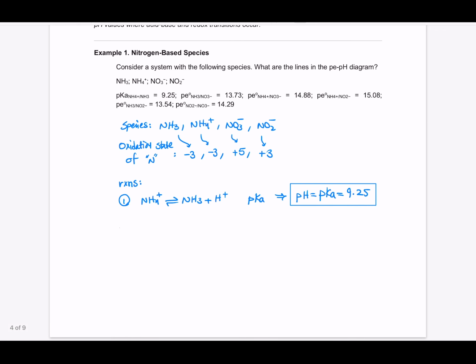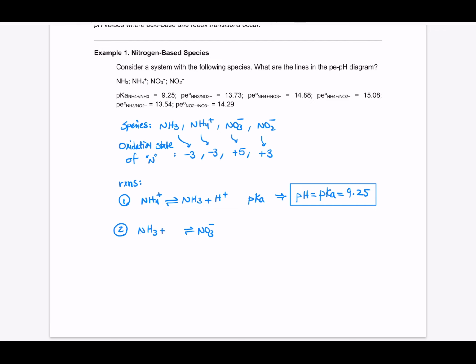So now let's focus on the second line. Let's say we go with this order. So this would be ammonia and nitrate. On one side, we have ammonia, on the other side, we have nitrate. I'm not going to go through balancing this reaction.